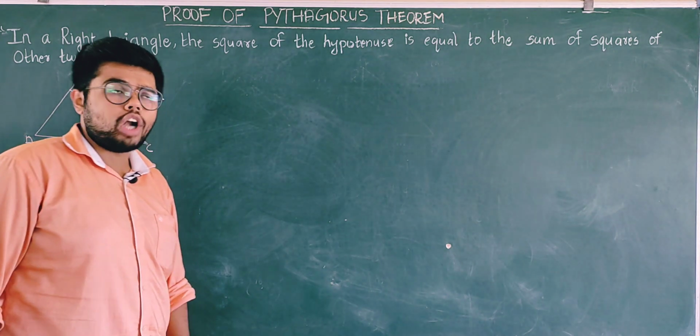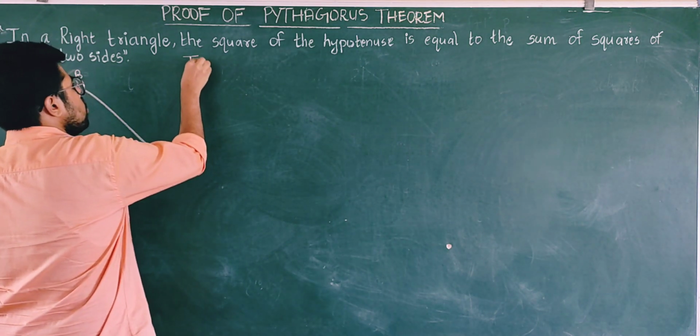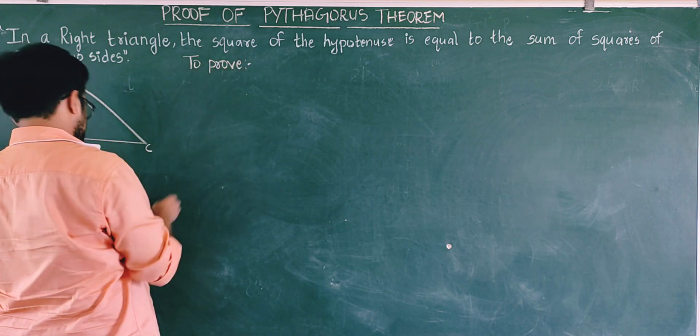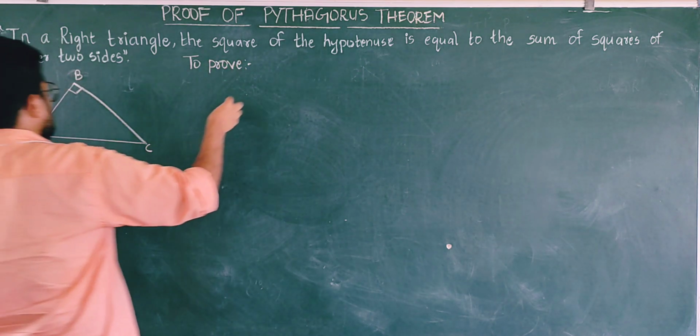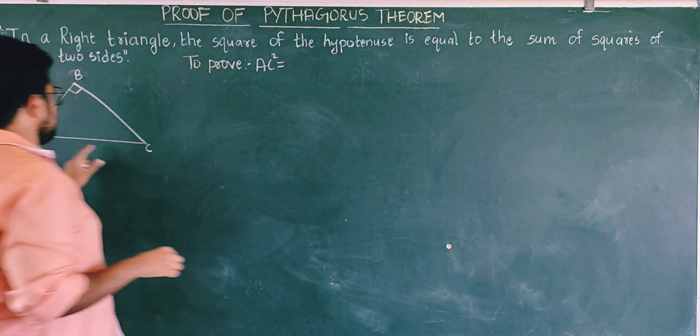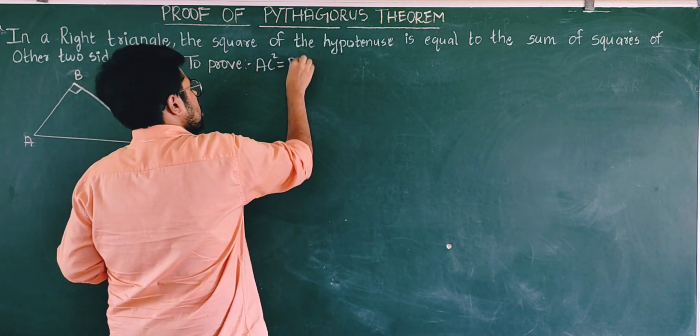Now let us see what to prove. In a theorem, after the diagram we have to write what to prove. We have to prove AC square is equal to AB square plus BC square.